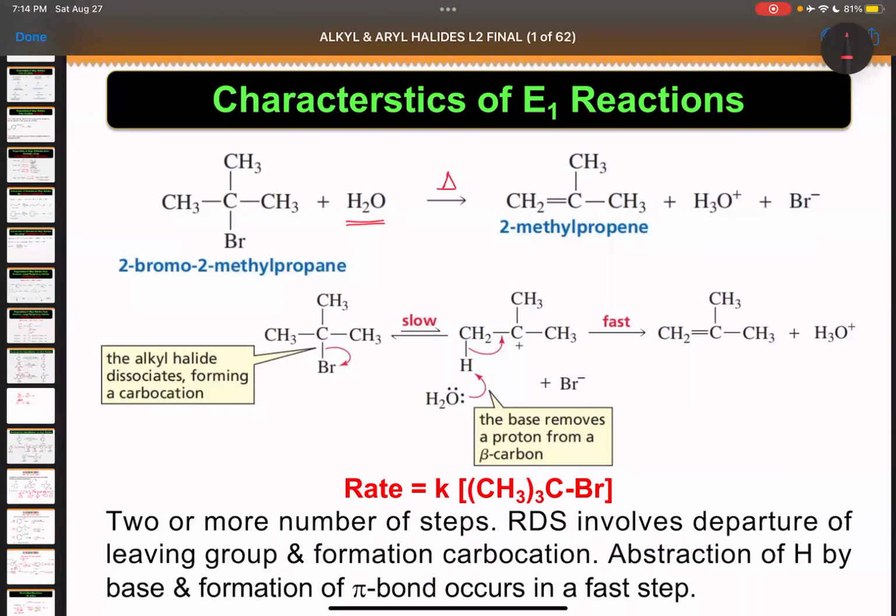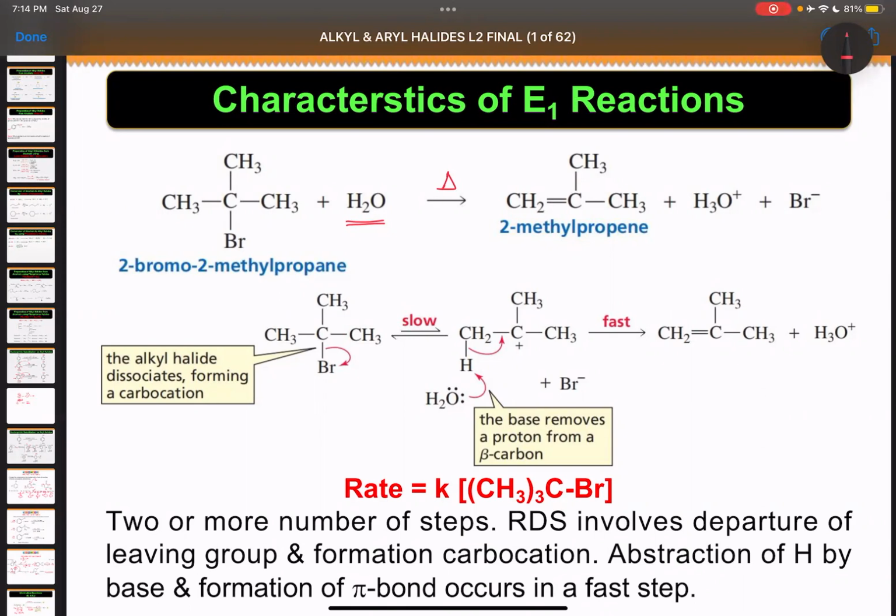Actually this is just like SN1. This is two-step elimination. SN2 was one step and SN1 was two steps. Similarly, E2 was one-step elimination and E1 is two-step elimination.